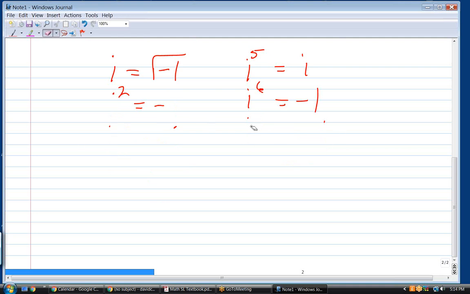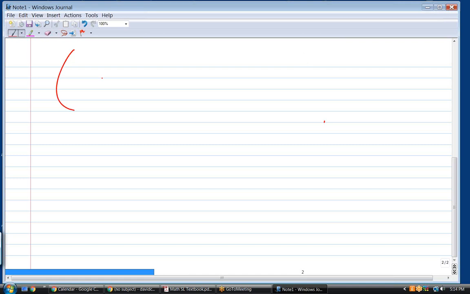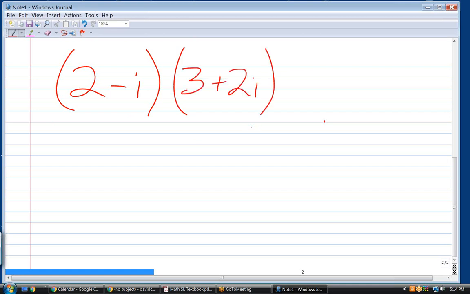She gave me one where it's open parenthesis 2 minus I, close parenthesis, open 3 plus 2I, close, open 1 minus 4I.